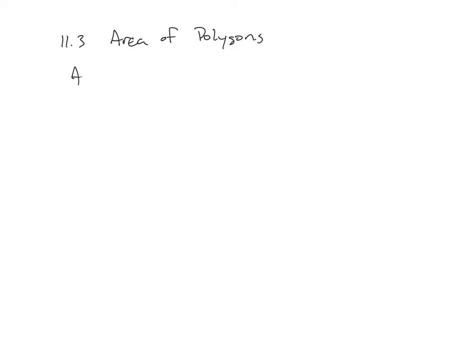So first thing, area of a rhombus and kite. So let's review. It's been a while since I think it was chapter 7.